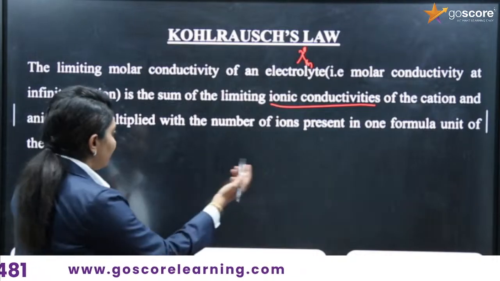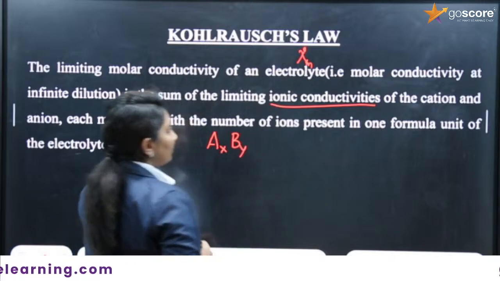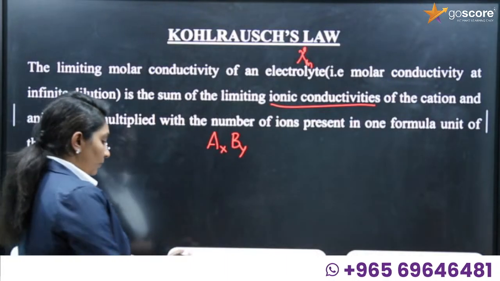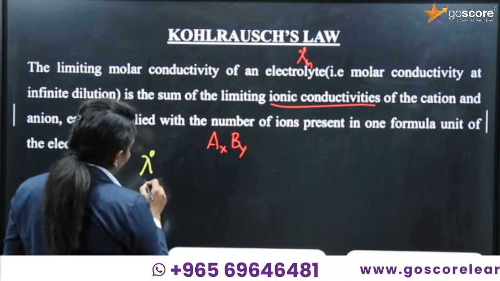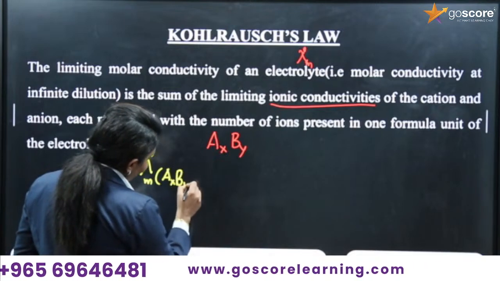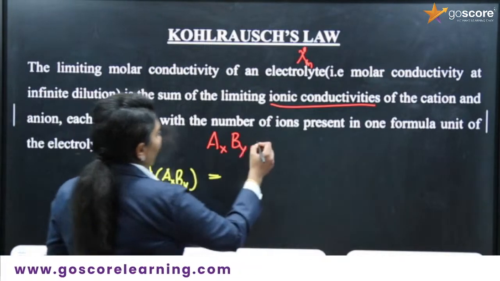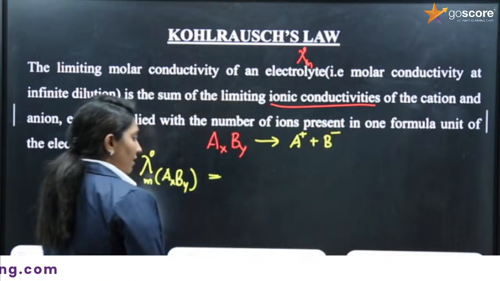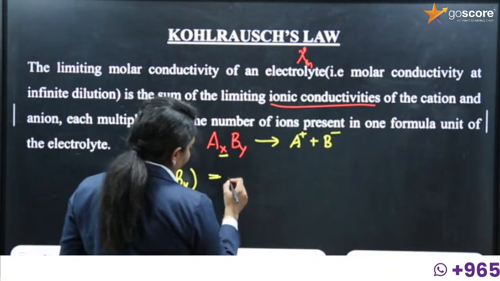I will simplify it. See, if you have an electrolyte AxBy, according to Kohlrausch's law, the limiting molar conductivity of this AxBy is nothing but the sum of the ionic conductivities. This AxBy will be dissociating to A plus and B minus ions, right? So the number of ions is given by x and y.